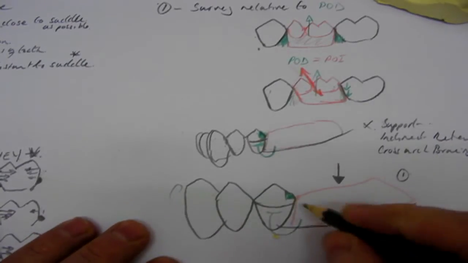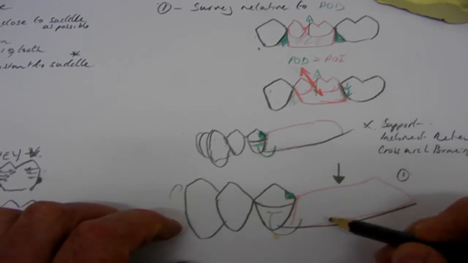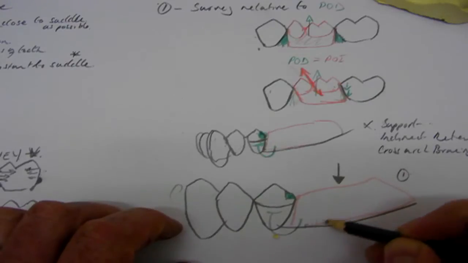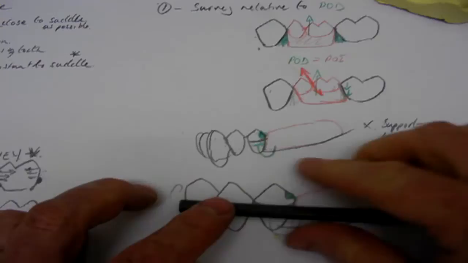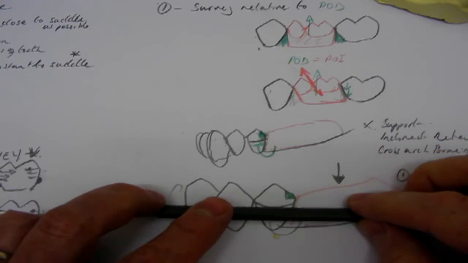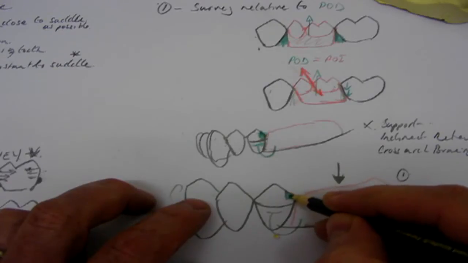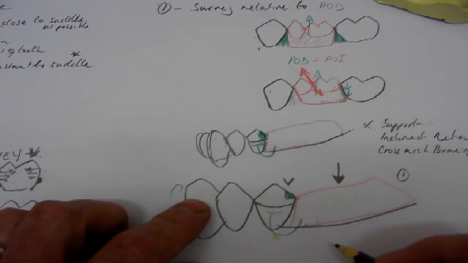Well, this is a tooth and mucosa borne denture, and what happens is this mucosa here can be compressed, and when occlusal load is applied, that mucosa compresses and we get movement in the denture, and that movement, when we have a distal occlusal rest, pivots around that occlusal rest.